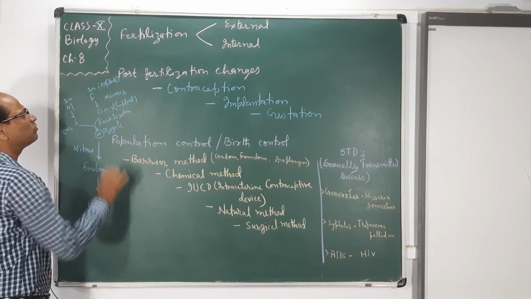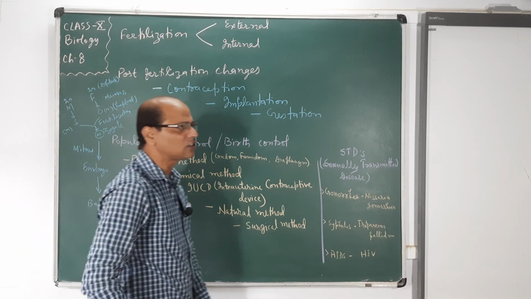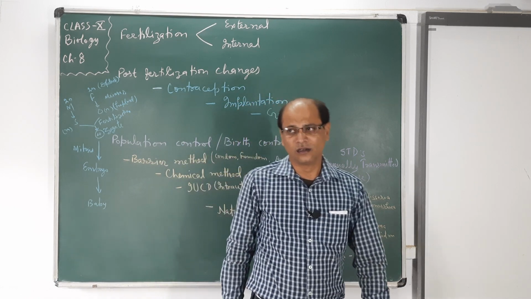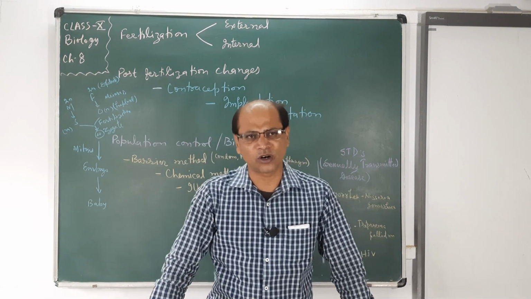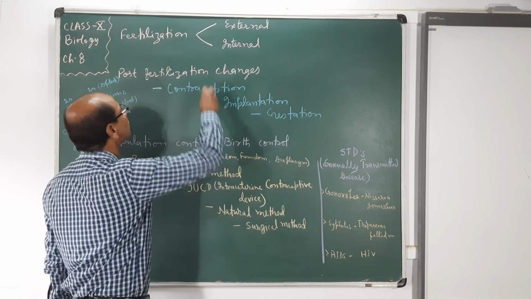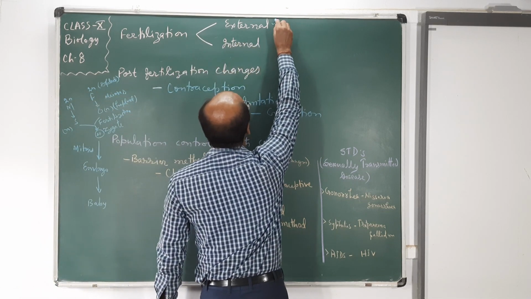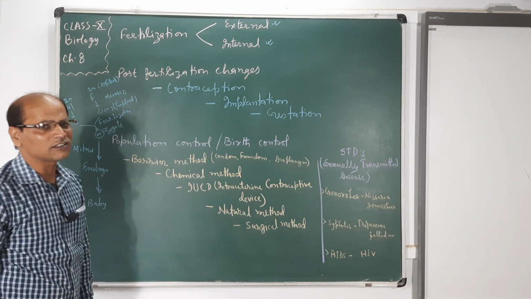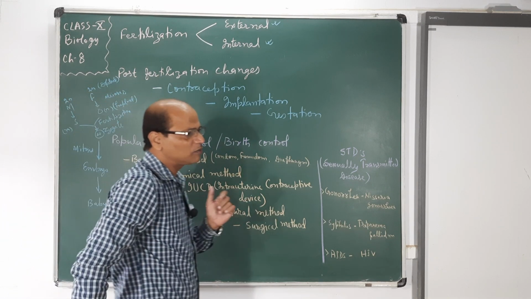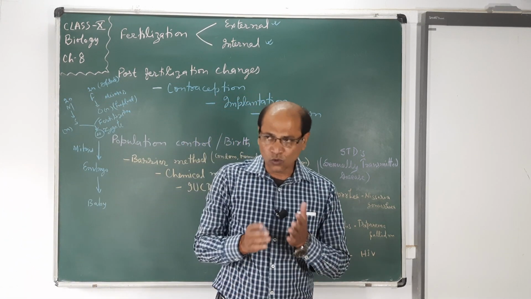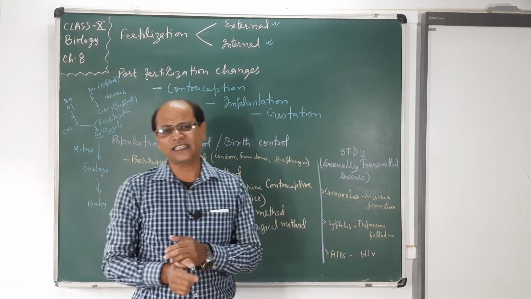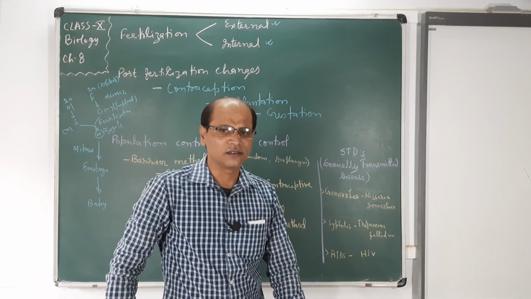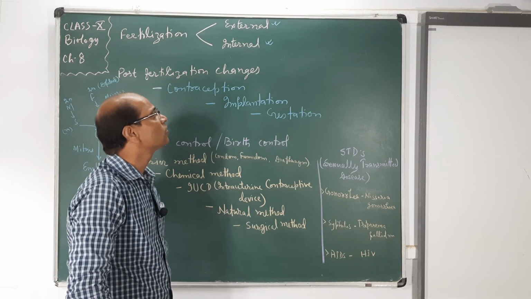Fertilization means fusion of two opposite gametes in the female's body or outside the body. That's why we can say fertilization may be either external or internal. External fertilization requires some medium. What medium is required? Water. Fishes and frogs do external fertilization.